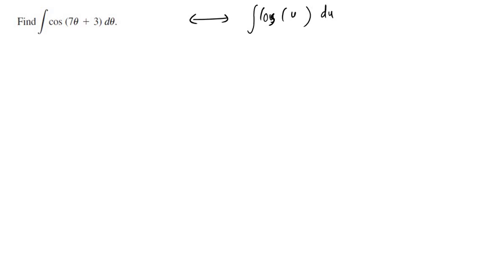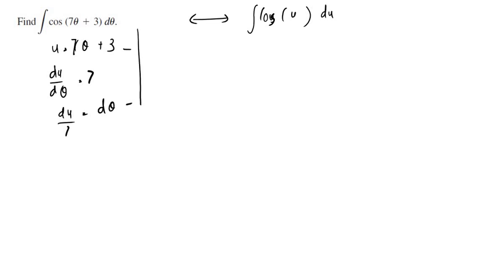So if we take u as 7 theta plus 3, then we have du over d theta is equal to 7. So now we can get d theta equals du over 7. So if we substitute this into this equation right there, we will see the integral of cos u, and we have u here, and d theta is du over 7.